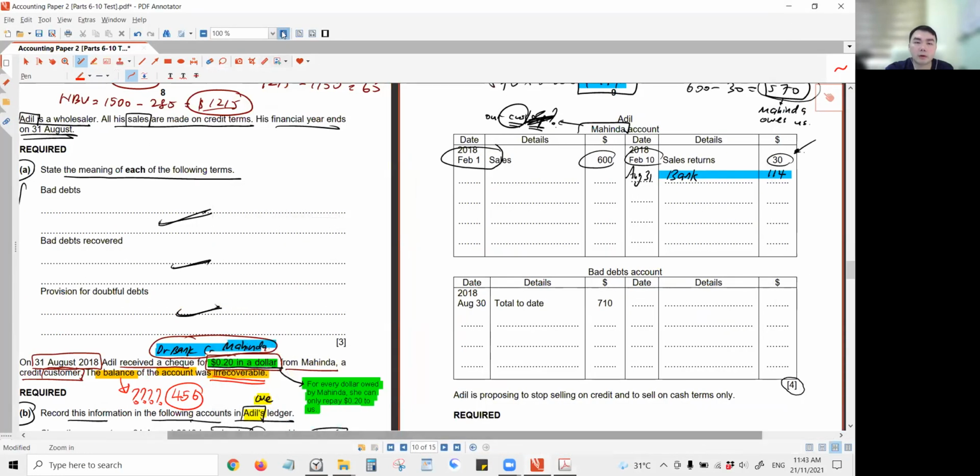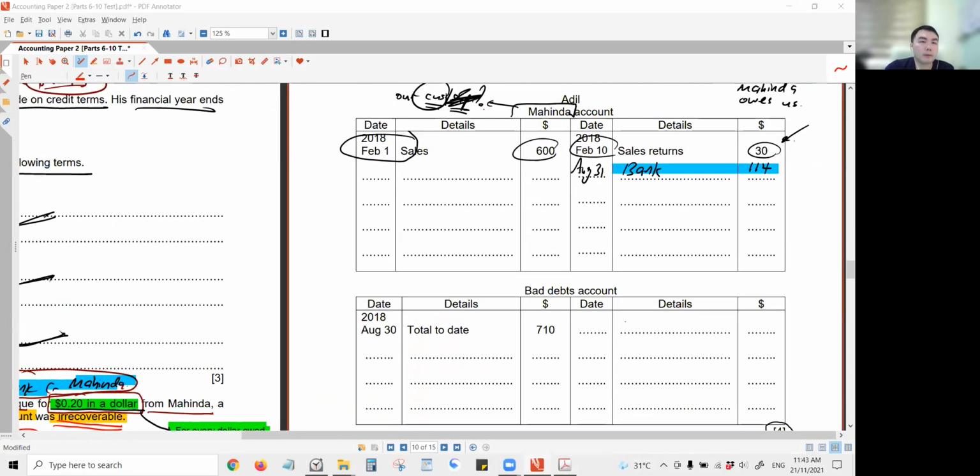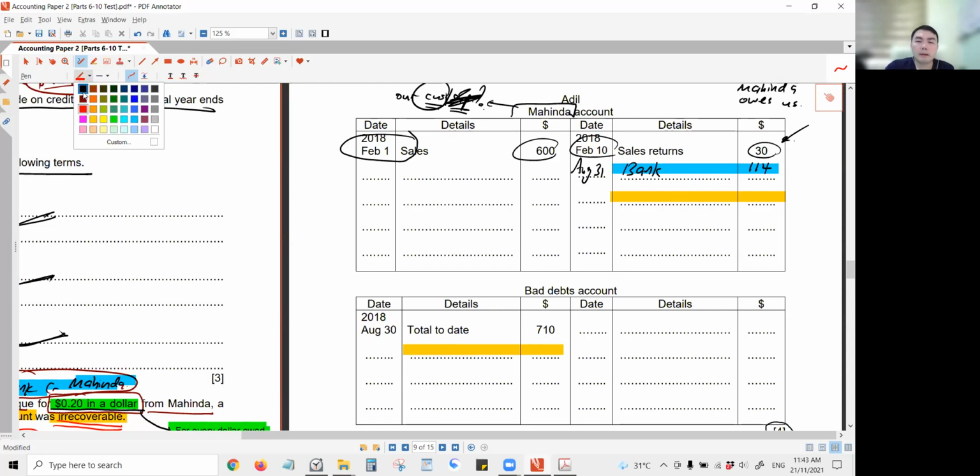456, yes, we are going to use 456. First step, we are going to credit Mahinda's account, then debit the irrecoverable debts account. This is an old question, therefore they have the word bad here. But for your exams, you will see this term irrecoverable. They are synonyms.